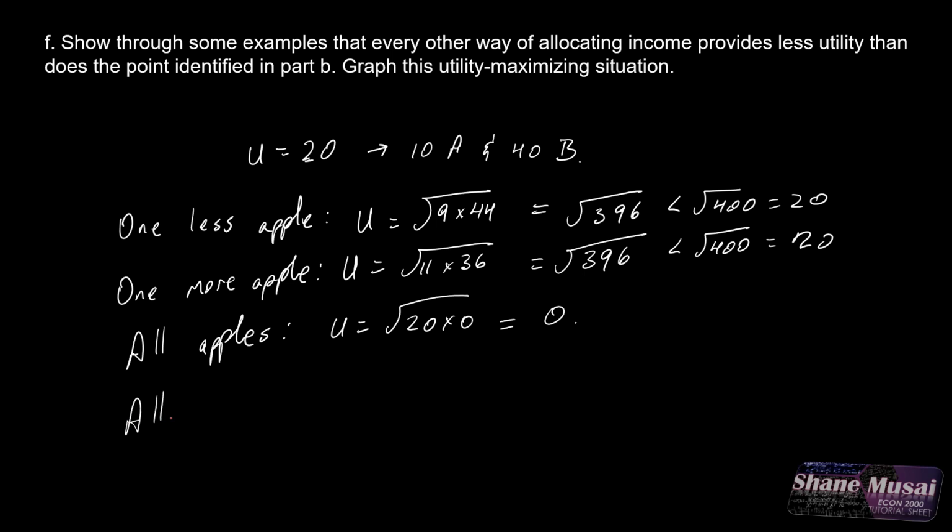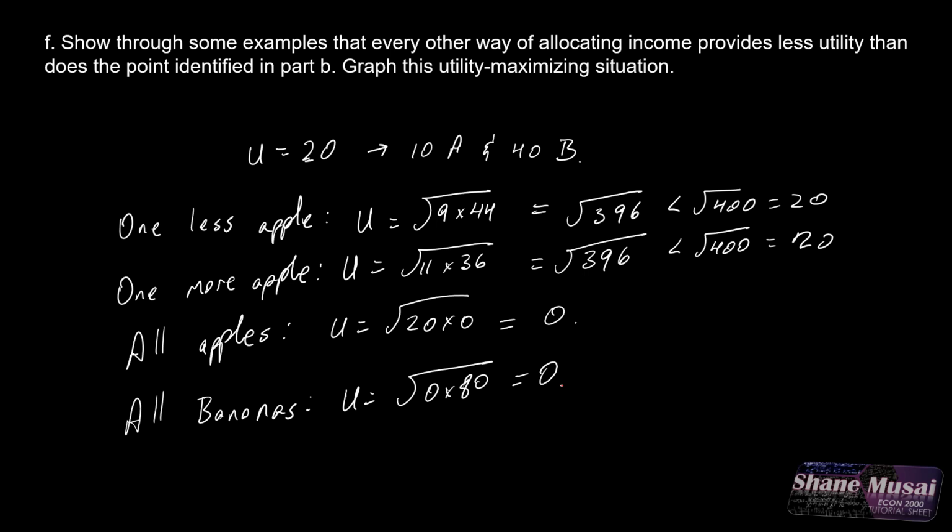If you buy all bananas, so if you spend all your income on bananas, then your utility should be 0 apples times 80 bananas. Your utility again would be 0. So this basically proves that any point other than that described in Part B, you will have less utility.